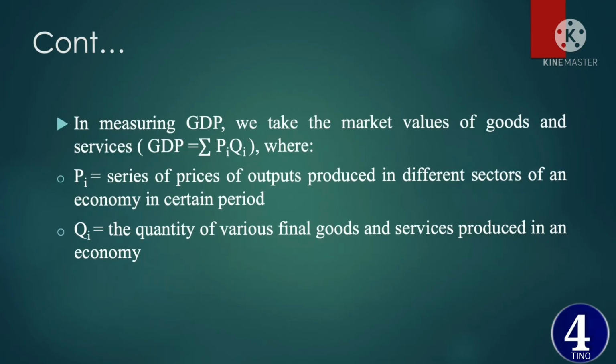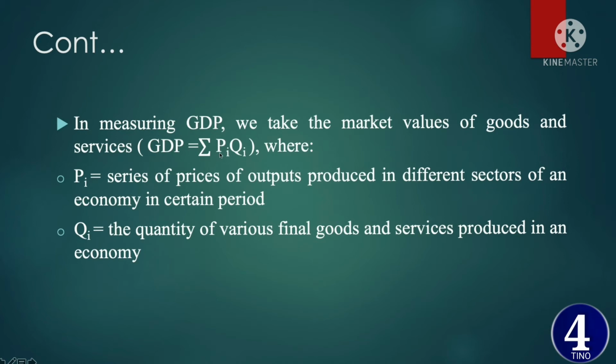The other concept that we have to understand in measuring GDP is the value, not the quantity, right? So when we say value, it means that we have to multiply the output, output 1, output 2, output 3, output 4, something like that, by its price to change it into a market value.